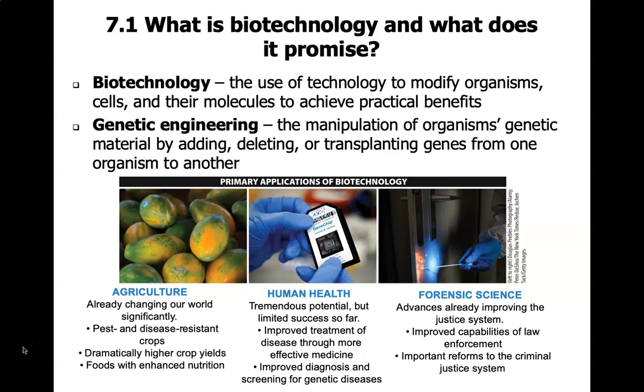So genetic engineering is the manipulation of an organism's genetic material. So we can do this by adding, deleting, editing, transplanting genes from one organism to another. So basically we can use genetic information from one organism to get another one to do something for us that we want. Now it sounds a little bit scary.